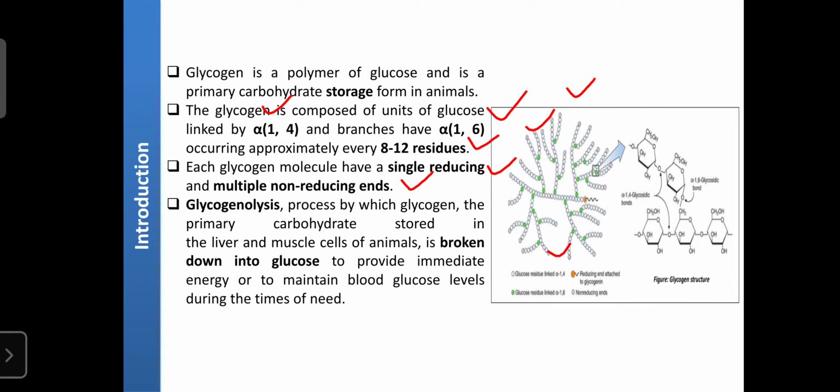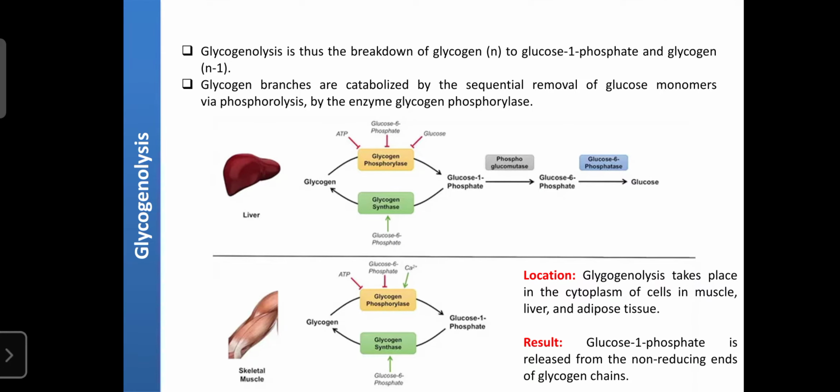Next, glycogenolysis is the process in which the glycogen molecule is broken down into glucose 1-phosphate and glycogen (n minus 1), where n is the number of glucose molecules or residues in the glycogen.